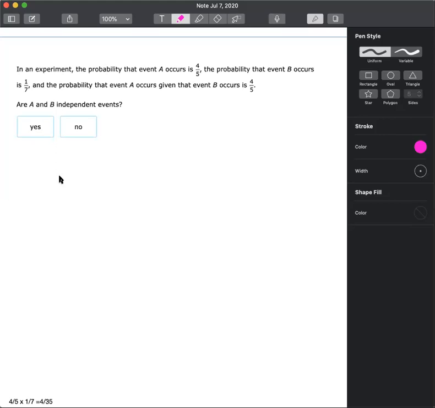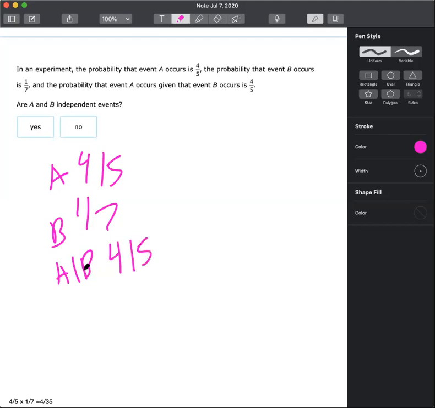So they're going to kind of try to trick you because, okay, we got A 4/5, B 1/7, and A and B is going to be 4/5. So you multiply these out. Yeah, we can do it that way, but also looking at A 4/5, A including B is going to be 4/5.